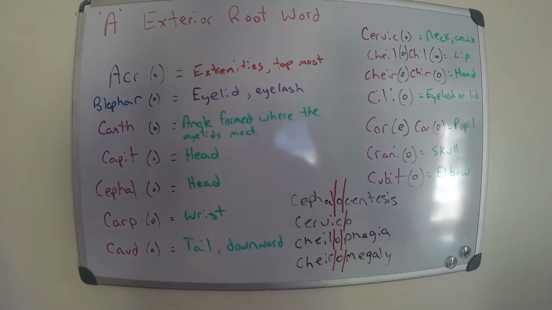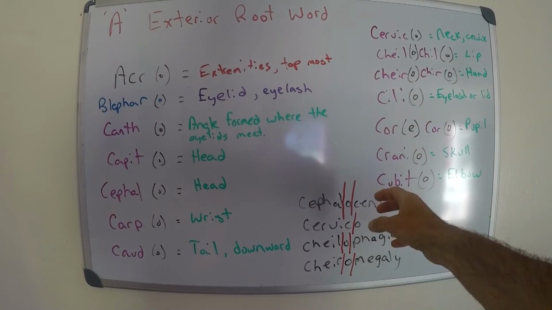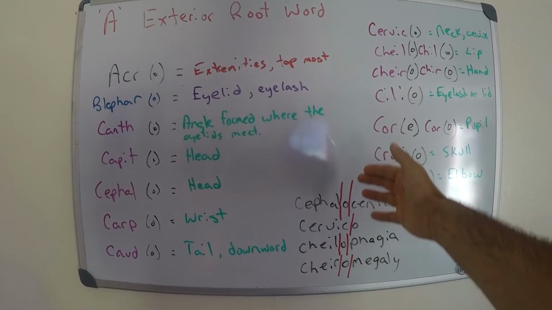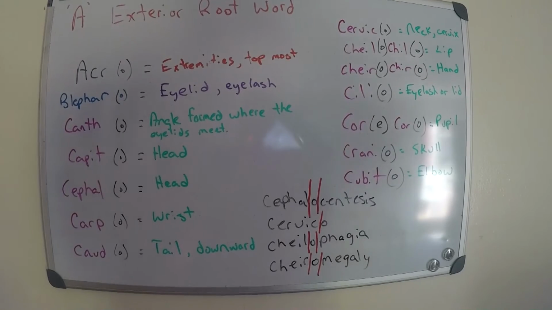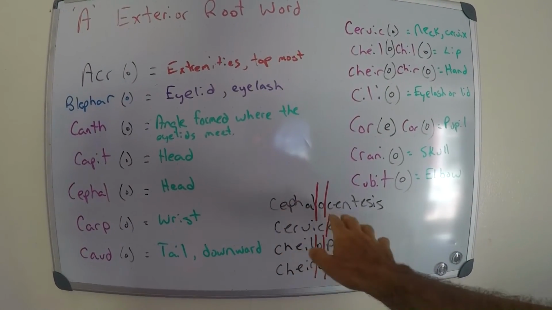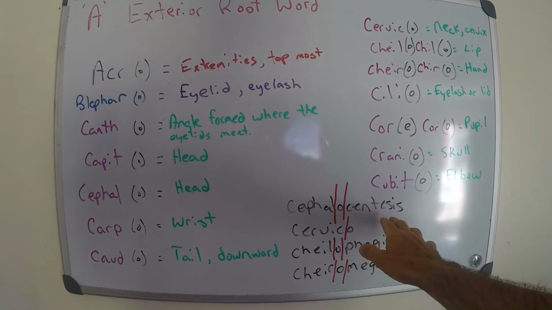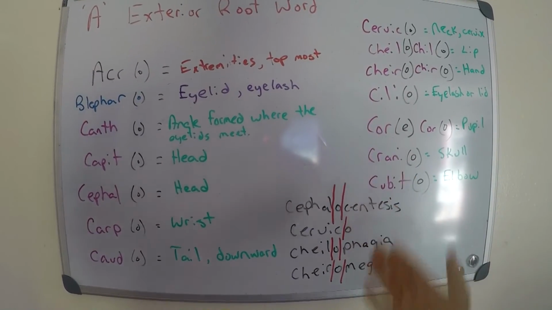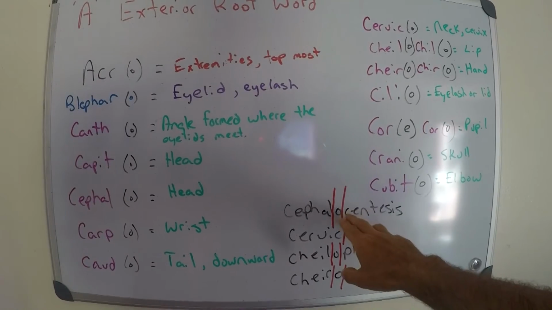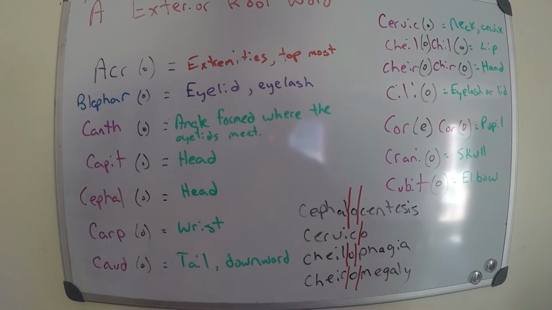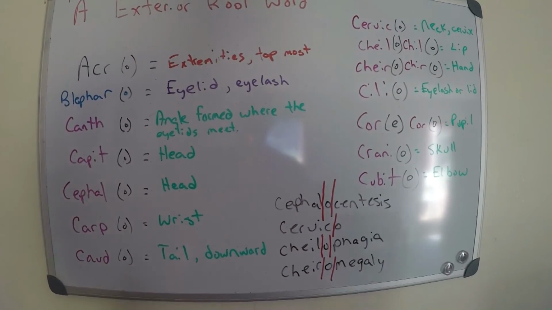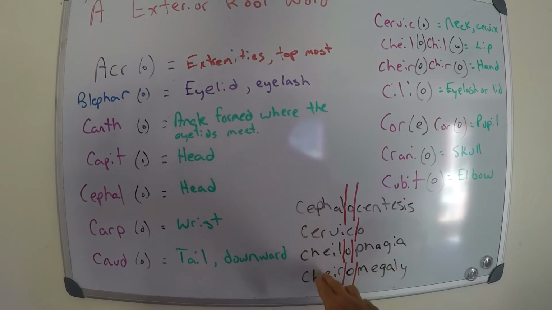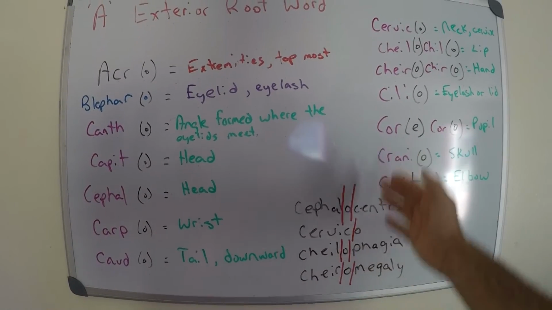Notice that for ease of purpose, I went ahead and singled out the combining vowels. It's easy on the eyes when you see a long word that you just go ahead and do this. If you have another color marker, it's also easy to see. Notice that they're all the vowel O. In this, the root word, the combining vowel, and suffixes.